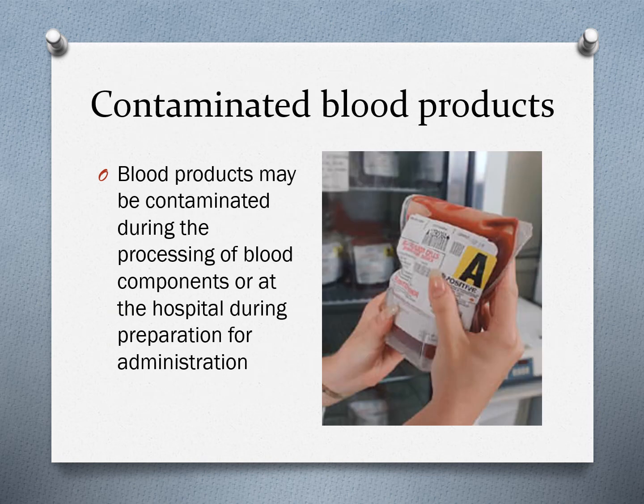Now, blood products can actually be contaminated during the processing of blood components at the hospital or the blood bank. So when a blood bag is collected, usually that's spun down in a centrifuge, and the plasma is taken away from the red cells, and the platelets are also removed as well.